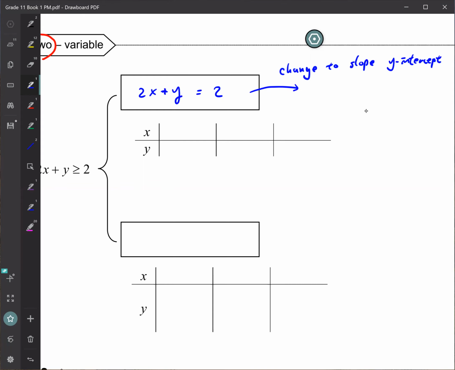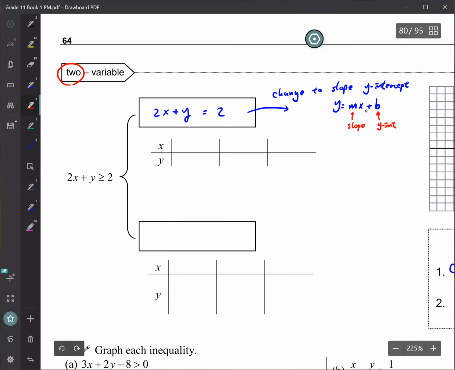Is it y equal to mx plus b? Yeah, very good. And do you remember what's m? Slope? Yeah, m is slope. What about b? Y-intercept. Very good. So we'll change to this form so it's faster than graphing by table of values, but we'll still use a table just to double check.